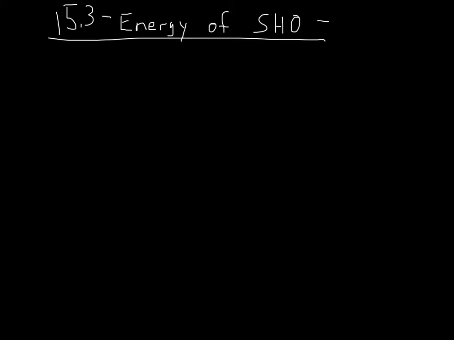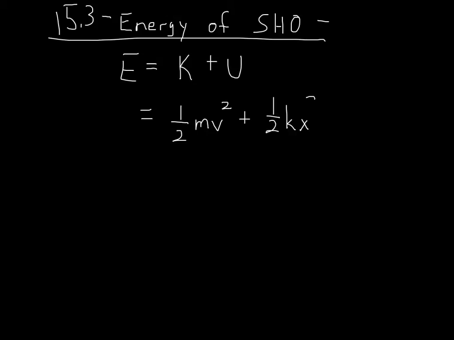simple harmonic oscillator. We know already that energy is equal to kinetic energy plus any potential energy we can have. And kinetic energy is 1/2 mass times velocity squared, and potential energy is equal to 1/2 k times x squared.